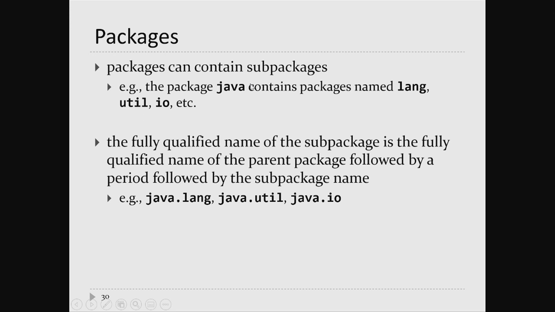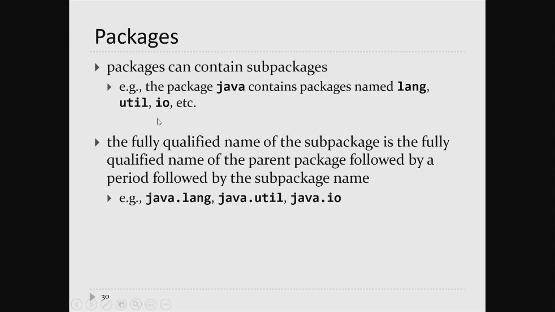And then inside a package, you can have more packages. And you saw this in lab 2. Inside the Java package, there are packages like lang, util, io, and many, many more. Each one of these packages groups together classes and other stuff that are related.